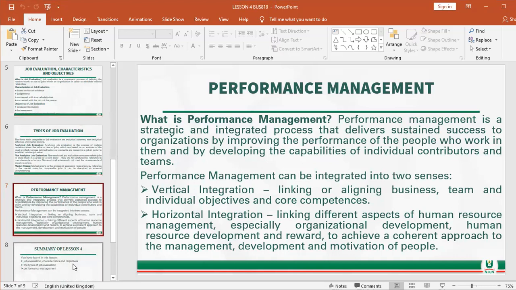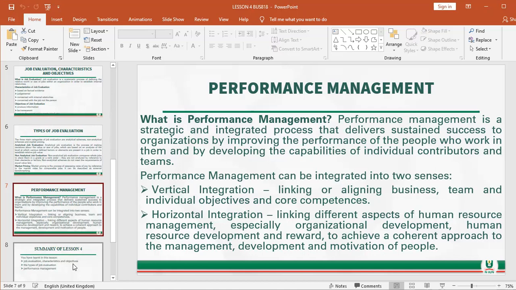Performance management is a strategic and integrated process that delivers sustained success to organizations by improving the performance of the people who work in them and by developing the capabilities of individual contributors and teams. That's what performance management is talking about.